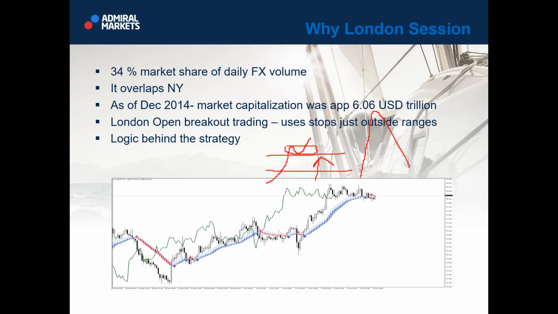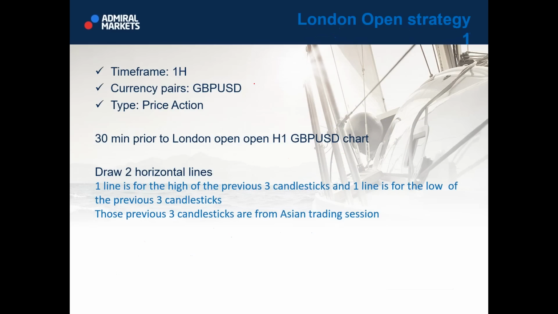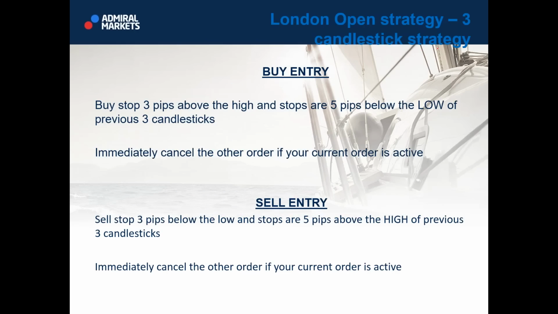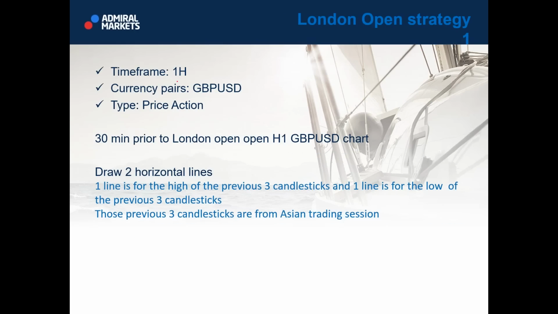Now we will cut to the chase and let's see how the system behaves. So this is our 3 candlestick strategy. You use it on the 1 hour time frame. Pound dollar is the pair and its price action. And guys, I can see that some people are still coming in.